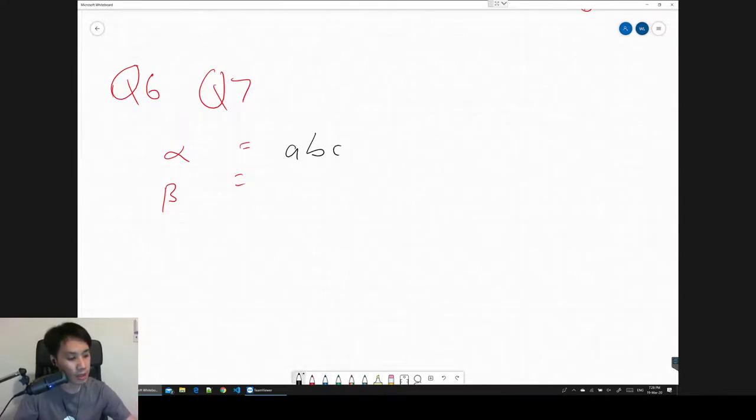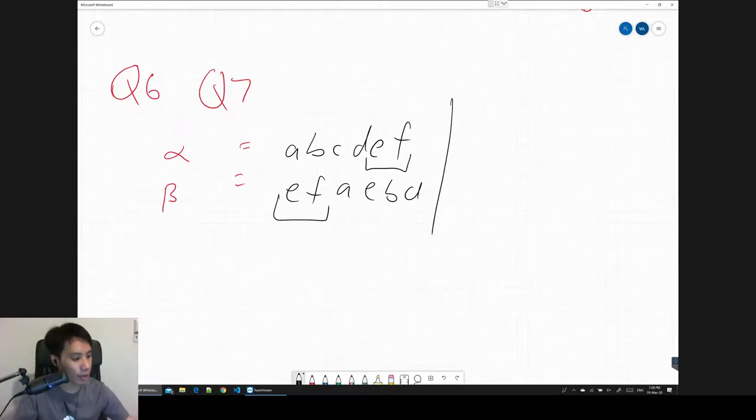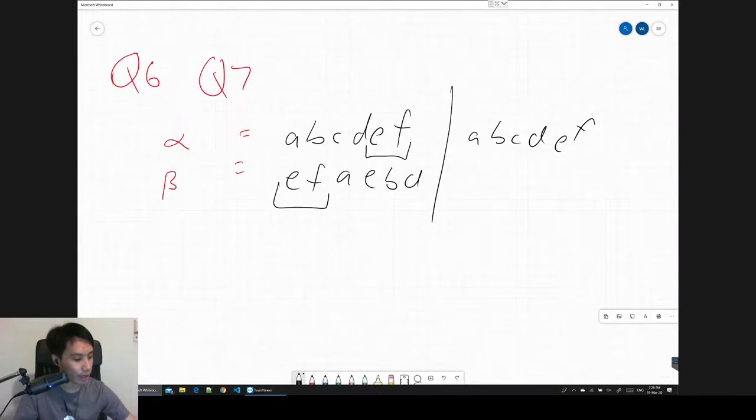Let's say here is A, B, C, D, E, A, E, F. And let's say here will be E, F, A, E, B, D. Okay, so here the longest will be E, F and E, F. Another example, let's use the same one: A, B, C, D, E, F. And here will be F, E, F, A, B, C. Right, the longest will only be F and F.